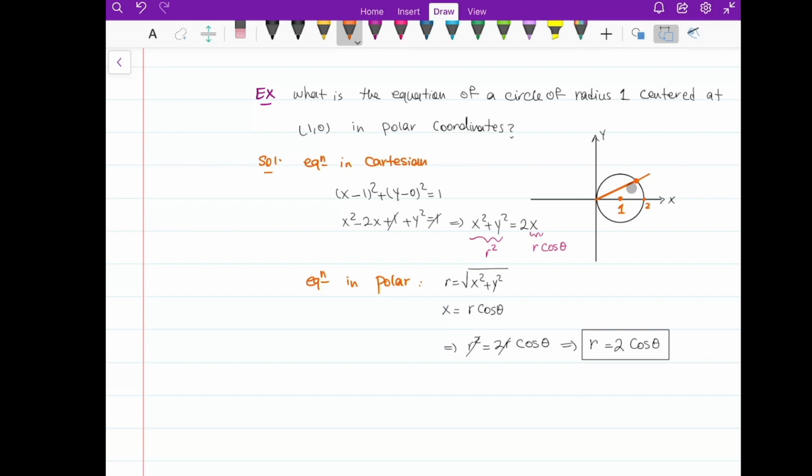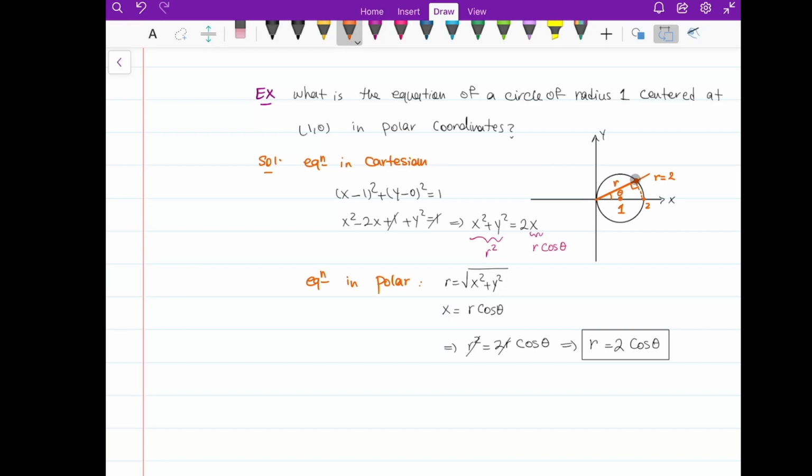This is r, the distance from the origin to the point on the circle. As you see, r equals 2 times something. This angle in here is the right angle, and then I have theta in here.